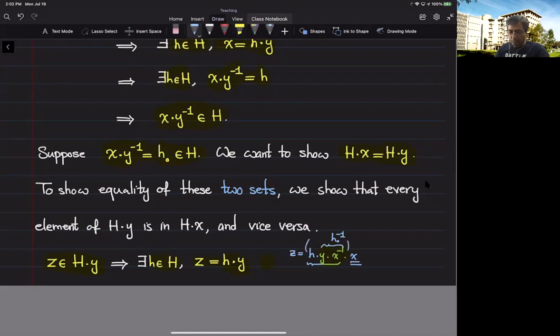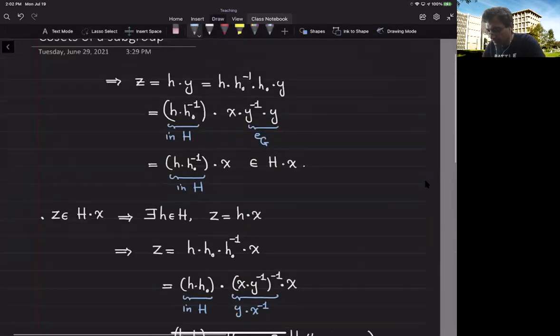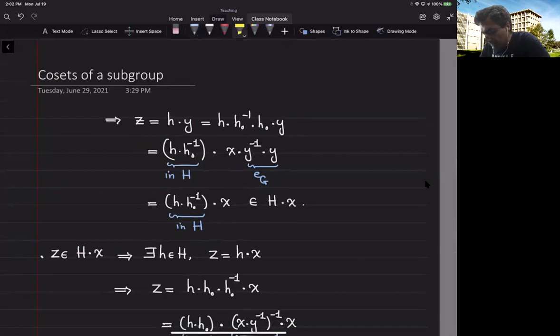Okay, let's make it more formal. So z, so far we know, is h times y. Now my claim is that this is precisely h times h naught inverse, h naught. So I'm not doing something special. I'm multiplying this guy by itself and canceling it out.